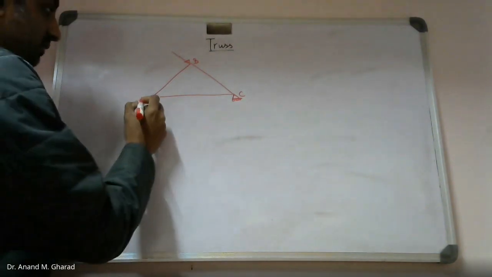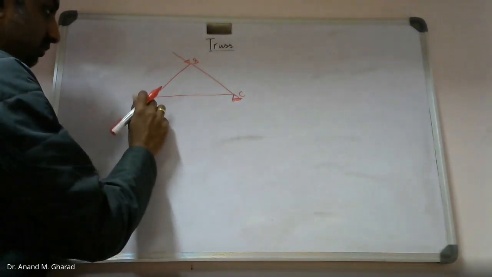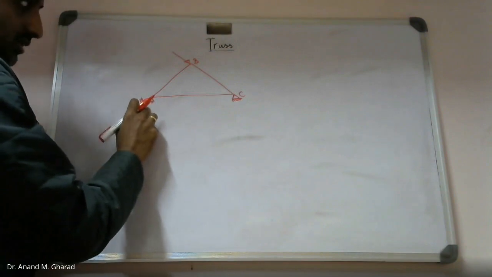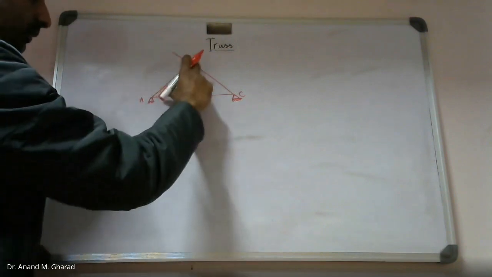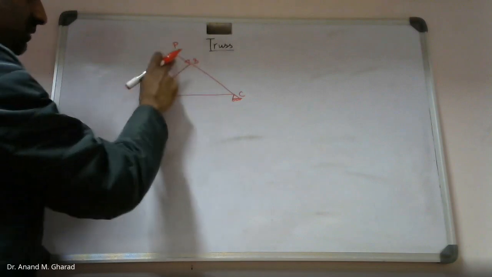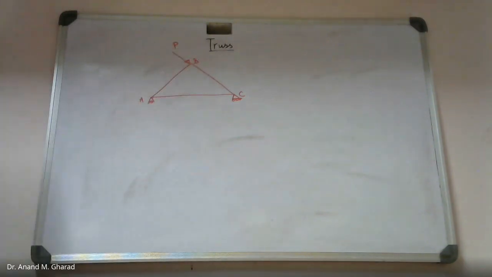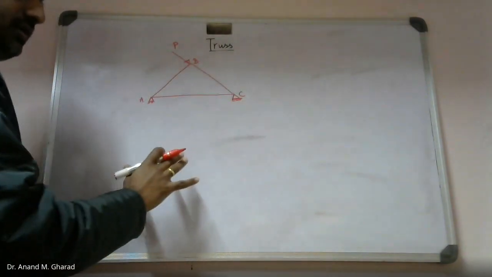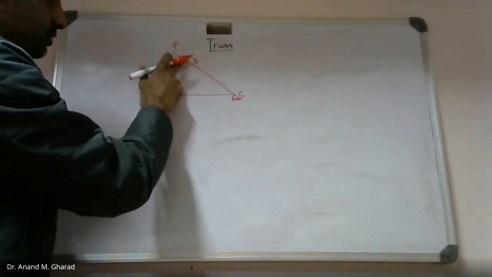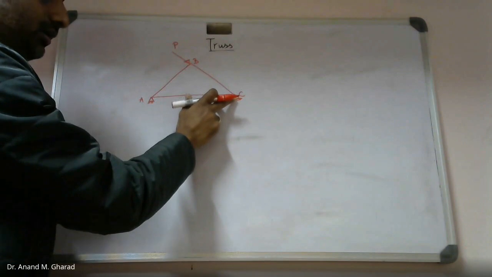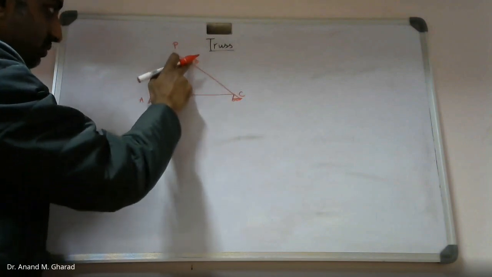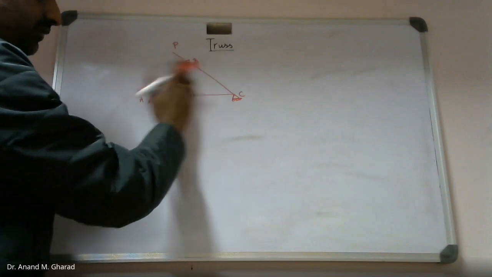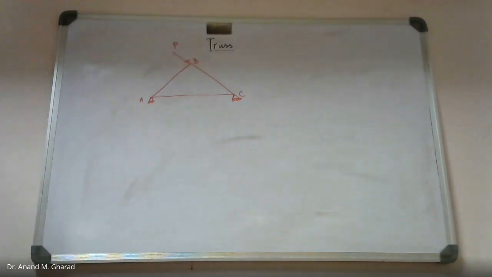That means you will expect that there is no translation at these locations. Now, what will happen if a force P is applied at this point B? There is no change in the shape as such. This force will be resisted by this member, and it will also be resisted by this member. So there is no relative motion of these members.